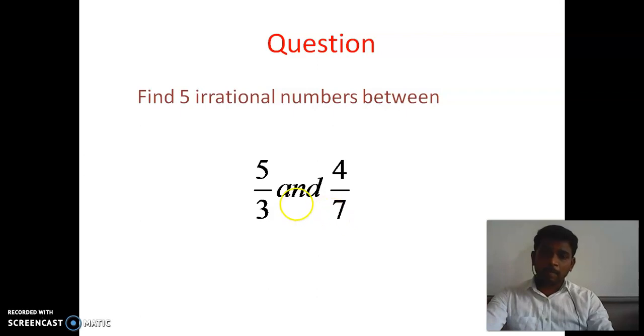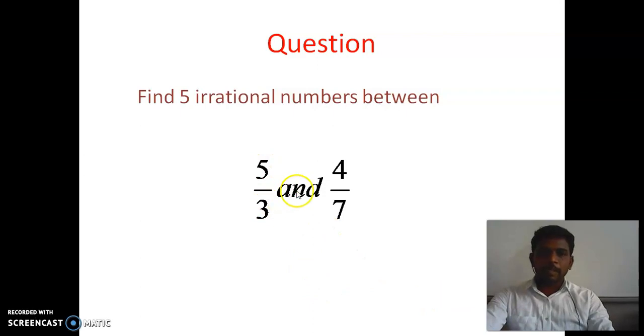If they are the same, we can find the numbers between the numerators. If the denominators are different, we have to convert them to the same denominator by taking the LCM, and after that find the numbers between the numerators. That is the procedure to find rational numbers between two rational numbers. But today we are going to see how to find irrational numbers between two rational numbers.